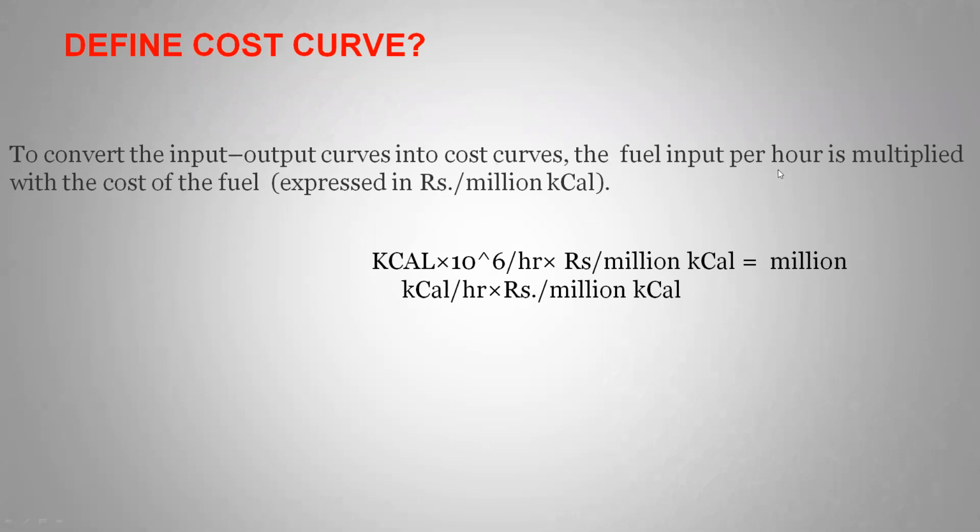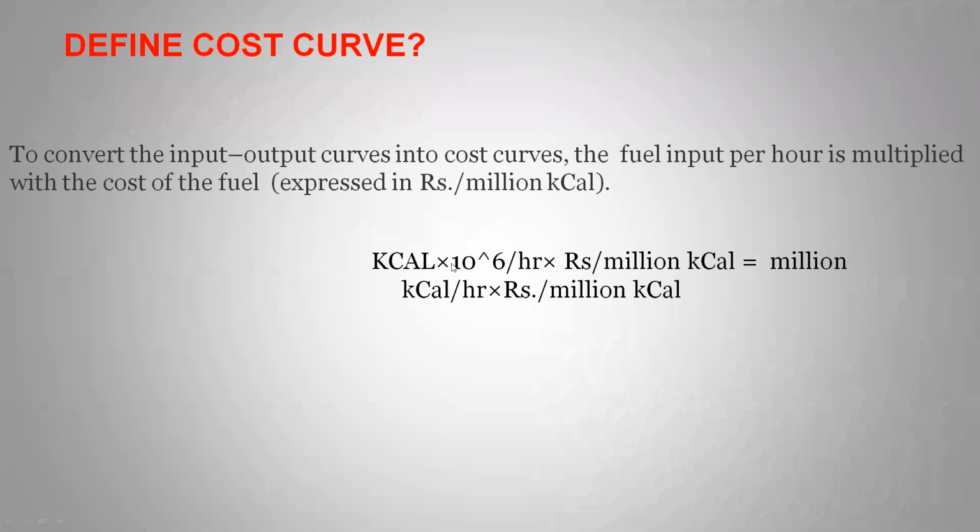The fuel input per hour is multiplied with the cost of the fuel, expressed in rupees per million kilocalorie. So the fuel input in kilocalorie into 10 to the power of 6 per hour is multiplied with rupees per million kilocalorie. All of you clear?